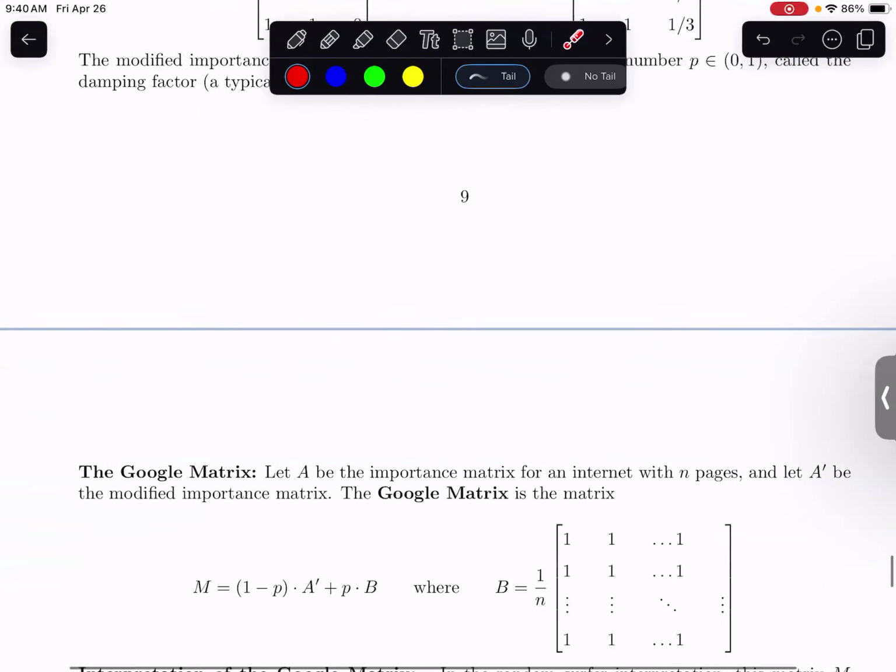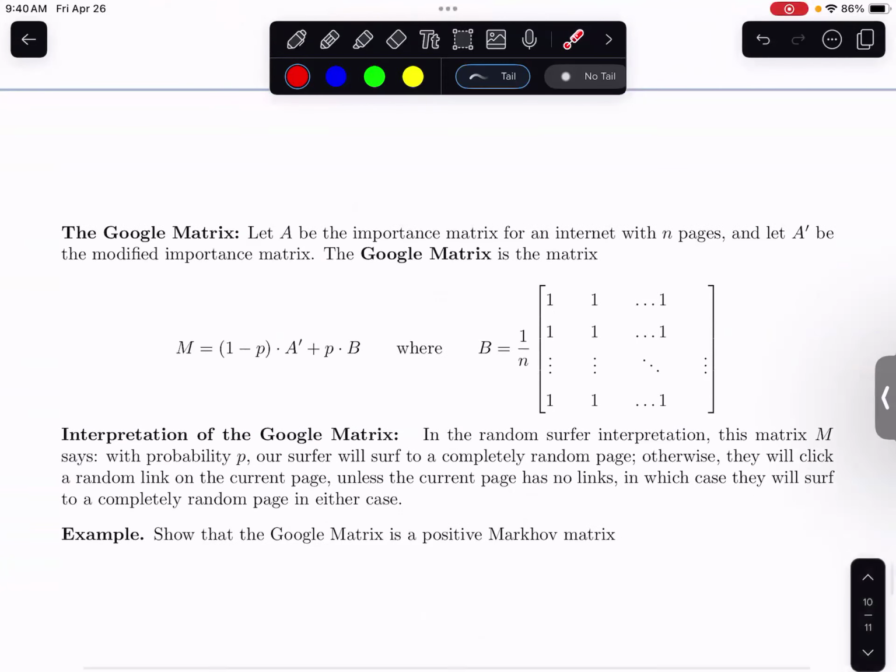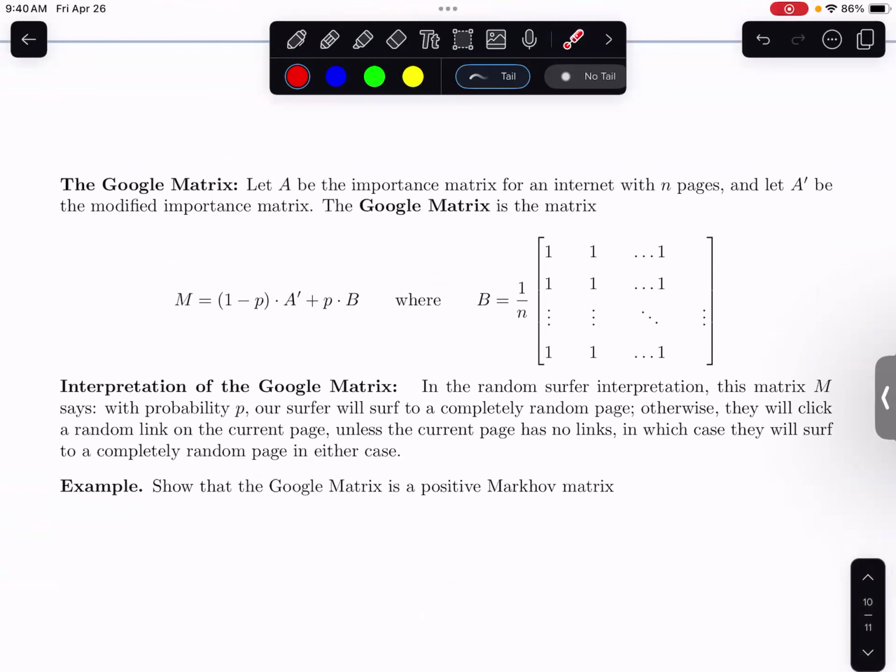And so what they did is they created what's now known as the Google matrix. So if A is the importance matrix for an internet with n pages, and we let A prime be the modified importance matrix, we end up having the following matrix, which is called the Google matrix. It's defined in the following way.